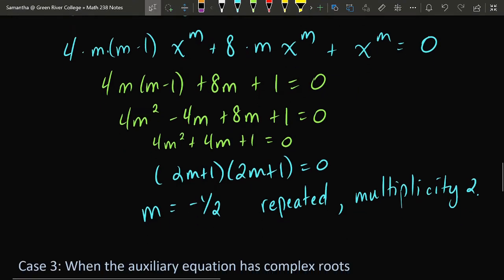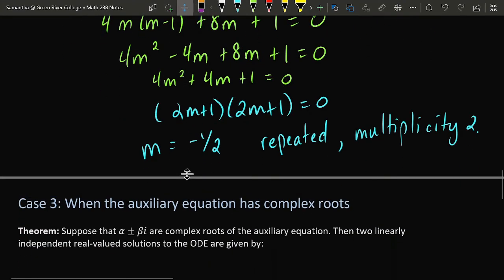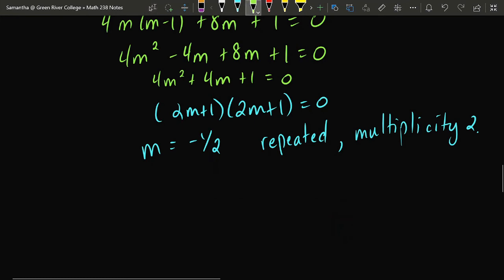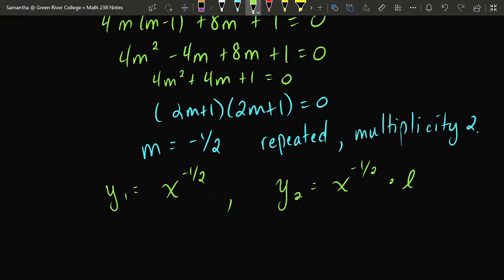Therefore, by the rule above, our two linearly independent solutions would be y1 equals x to the power negative 1/2 and y2 equals x to the power negative 1/2 multiplied by a natural log of x.